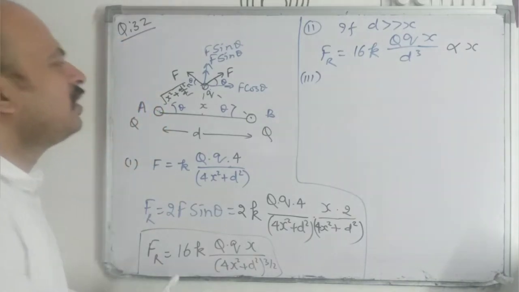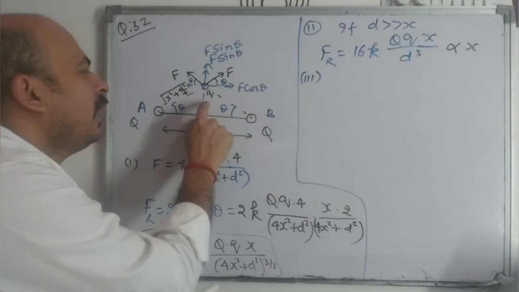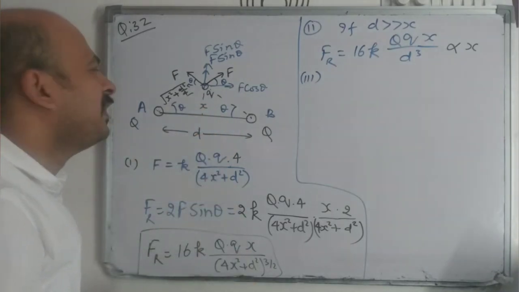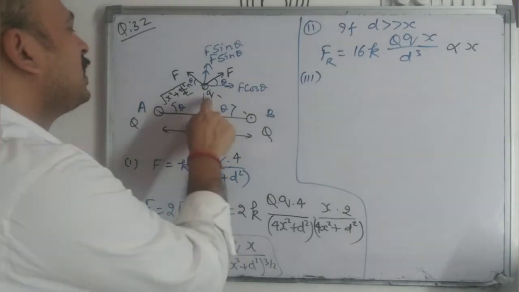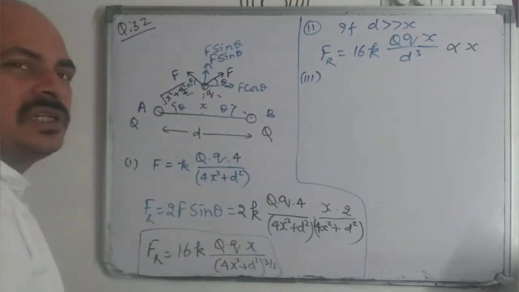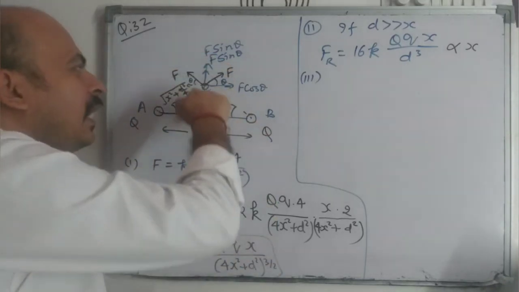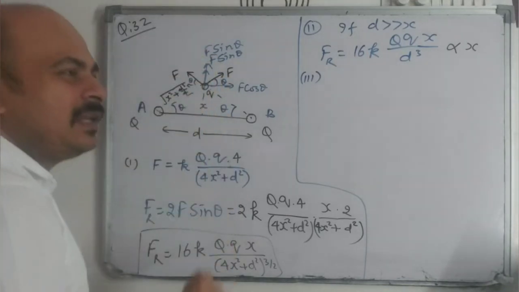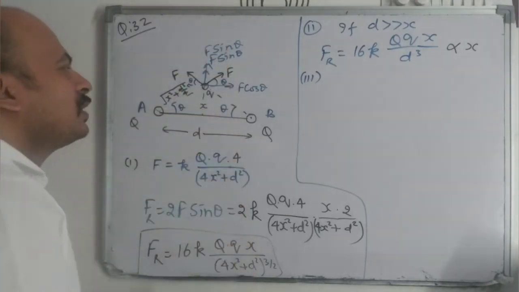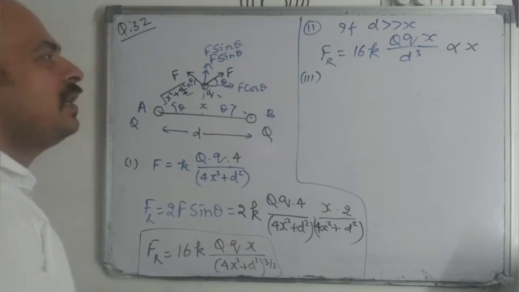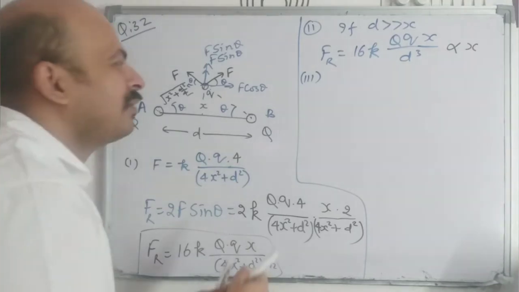So the condition will be that the charge should be negative and the displacement should be very small. If it is negative, then the forces are directed towards each other, so the resultant will be directed downward. If the displacement is upward and the resultant force is acting downward, then only is it possible to execute simple harmonic motion.